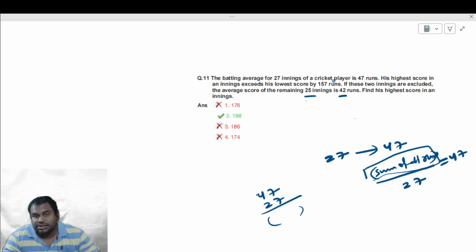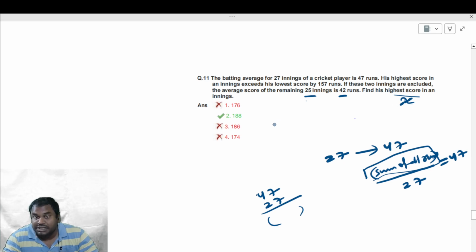What is he asking? Find the highest score. So you assume the highest score as x, because directly you will get the answer and you can compare it with the options. Don't assume the least score as x, because again you would need to add 157 to that. So first assume the highest score as x.